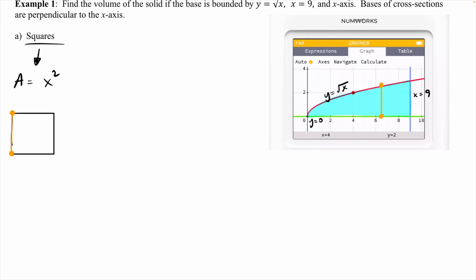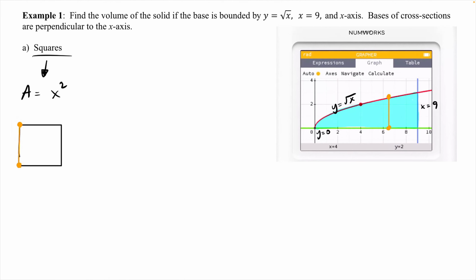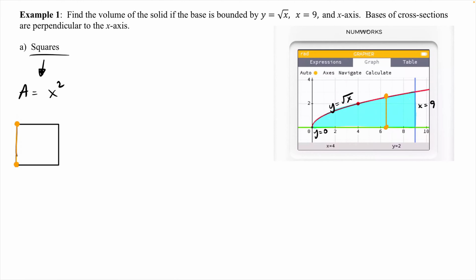The square will be standing up here, and there's going to be an infinite number of other squares that smash together to make a 3D shape. This is the bottom of the 3D shape, and they're going to be up like that. That's what we're doing. Now, since it's perpendicular to the x, it's going to be a dx situation.